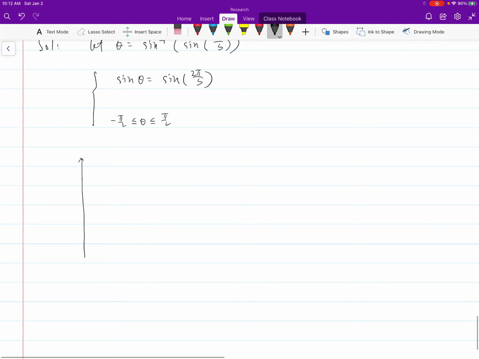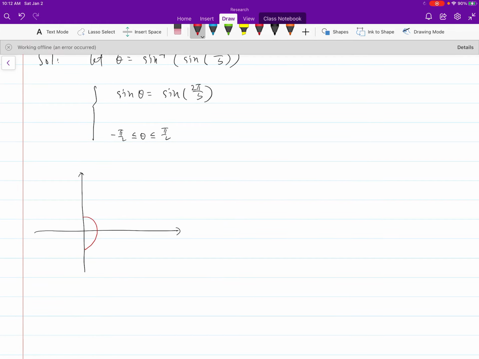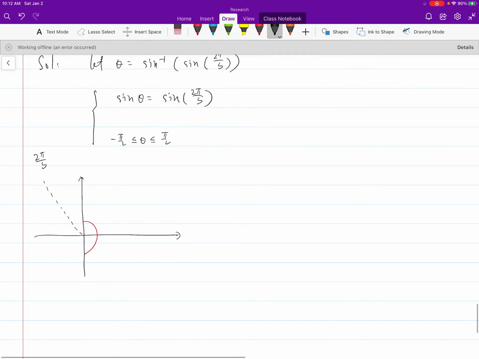Number two, because it's sine inverse, you are looking for a theta in this region, which has the same sine value as 2 pi over 3.